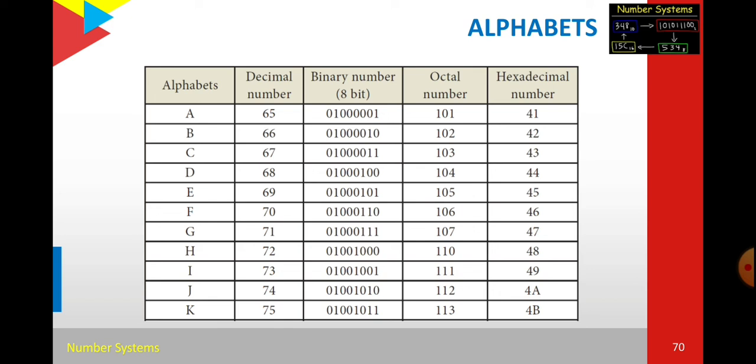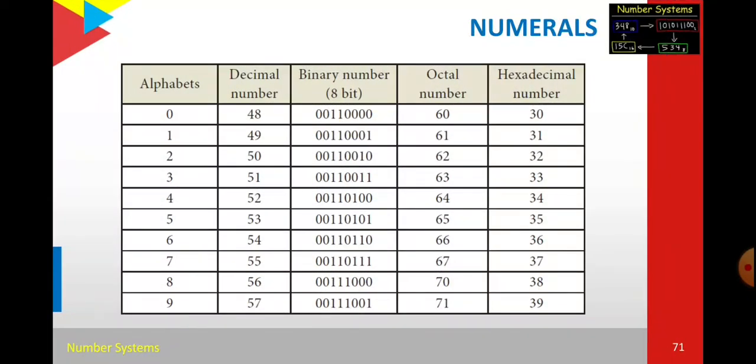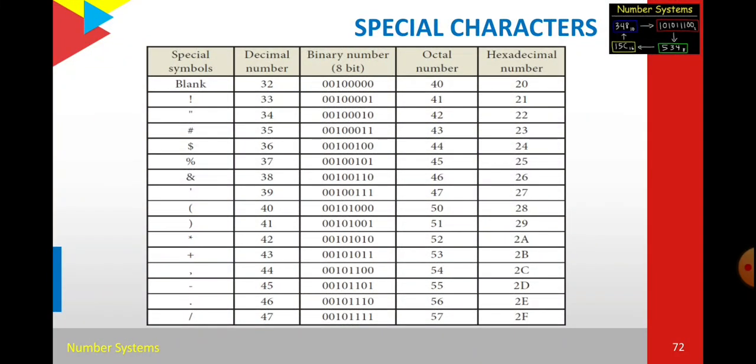We just need to understand how these numbers are converted and stored in computers. For that only this table is given. Is it clear? The table also gives numeric characters and special symbols, so we just go through all these tables.